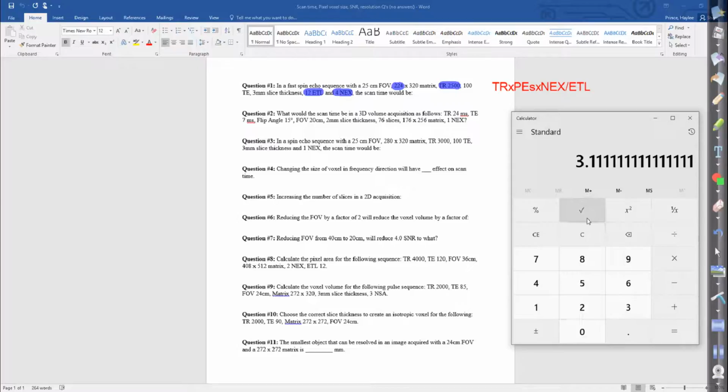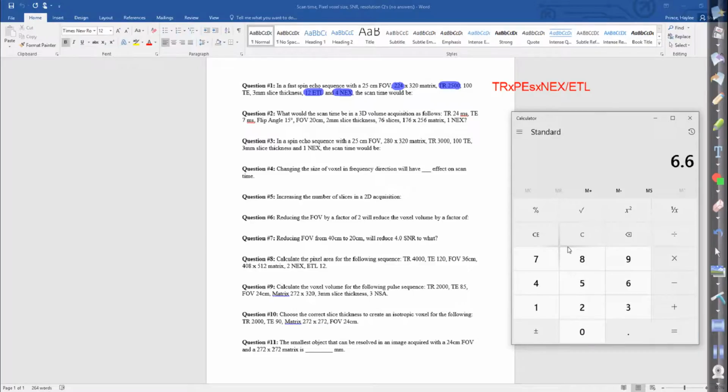And this is where the registry will get you. They'll put on the registry, they'll say 3 minutes and 11 seconds. And that will be the one you'll want to select because you did all that work, but there was one more step to do. So the answer is going to be 3 minutes, but now we've got to convert this 0.11 back to seconds. So do 0.11 times 60.